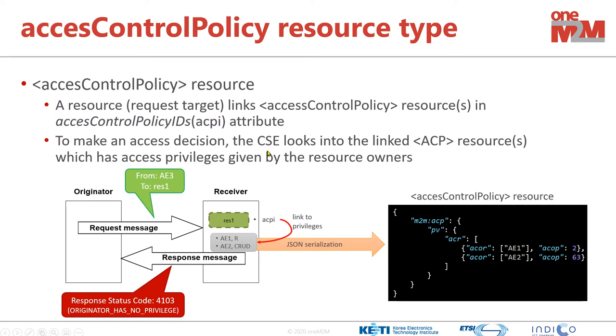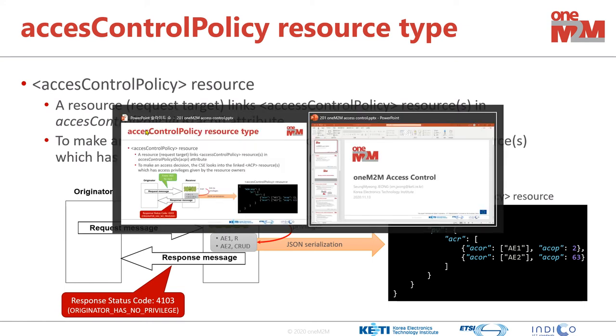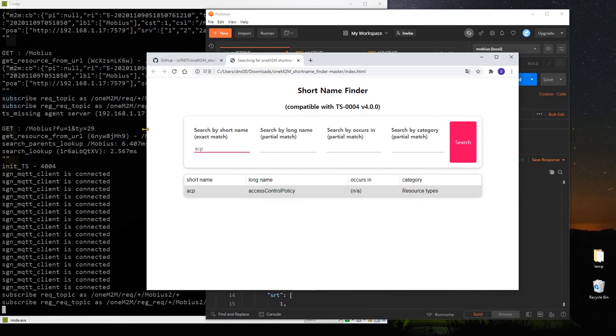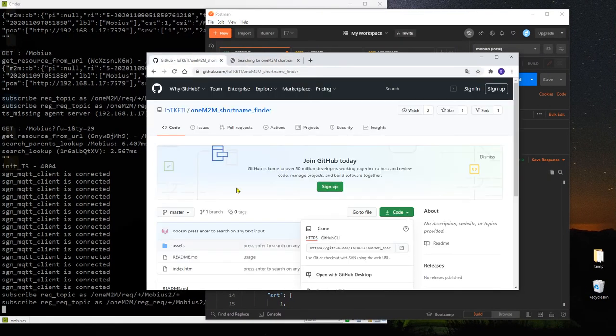And from this slide we are going to face a lot of short names for the attributes, short names for the resource types, short names for the parameters. And from day one we have the short name finder, and as we stated in the other slide, this is the link for the short name finder.